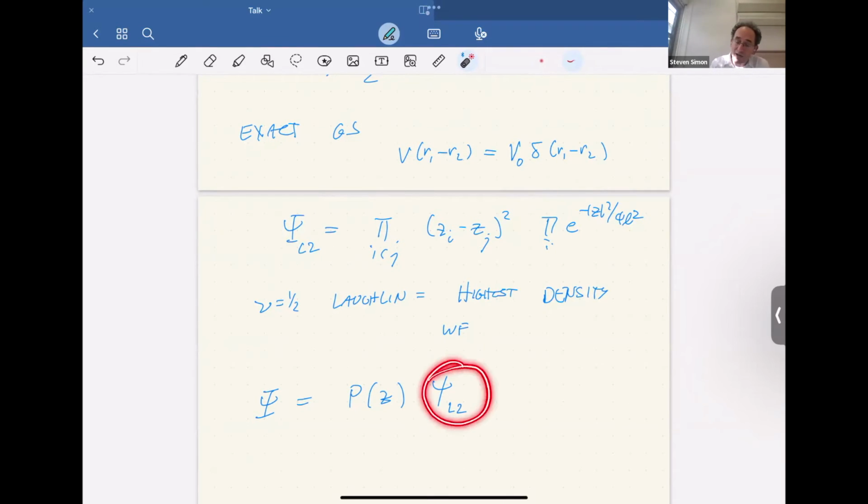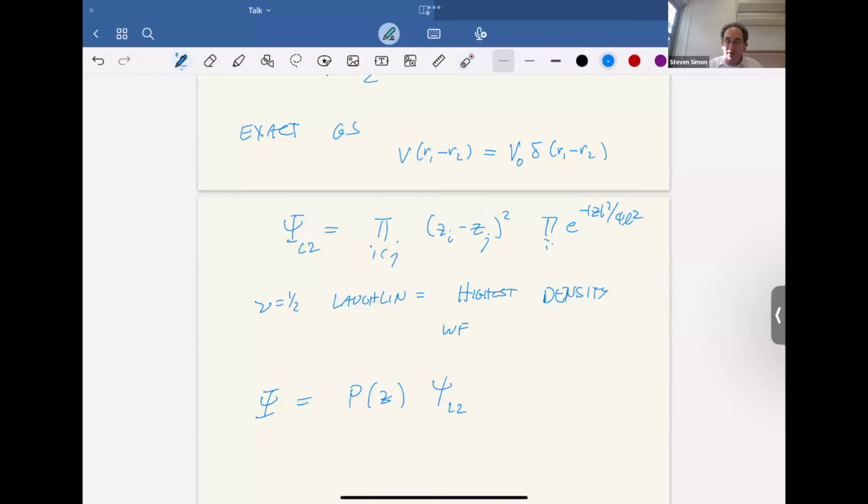So I can take the wave function here, multiply it by any polynomial of the z's, and it still has 0 energy for this interaction. However, by multiplying by an additional polynomial of the z's, that means I've increased the degree of the polynomial. I've made the radius bigger. I've pushed electrons out from the center, away from each other, and I've made a lower density wave function.